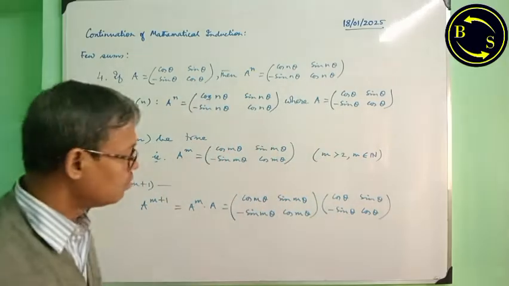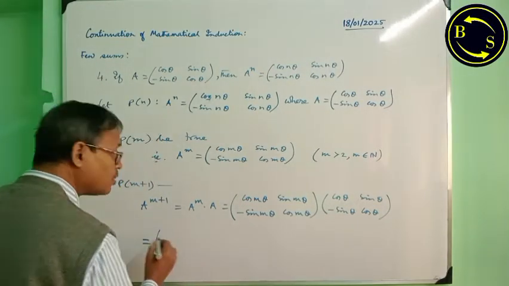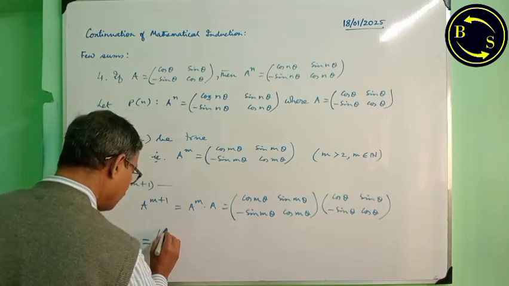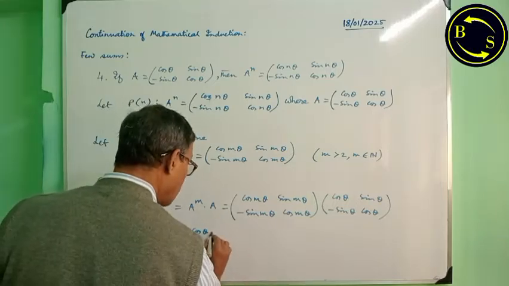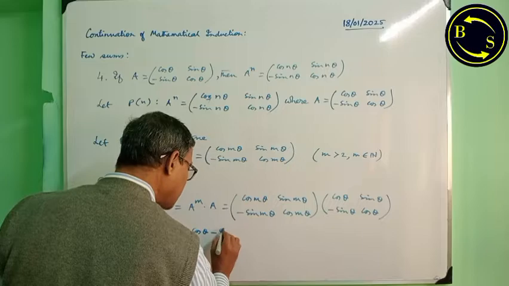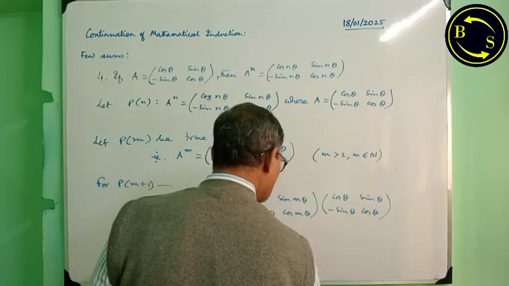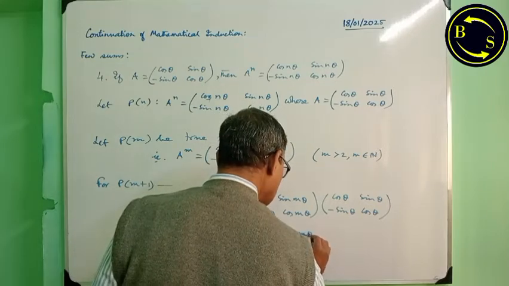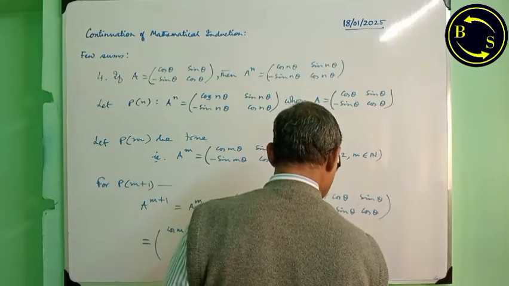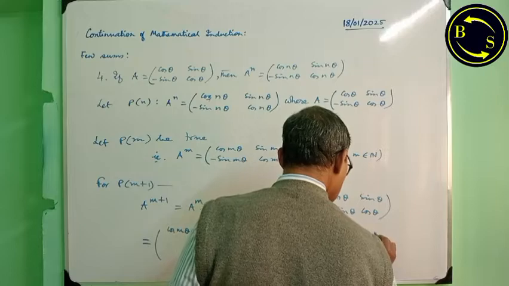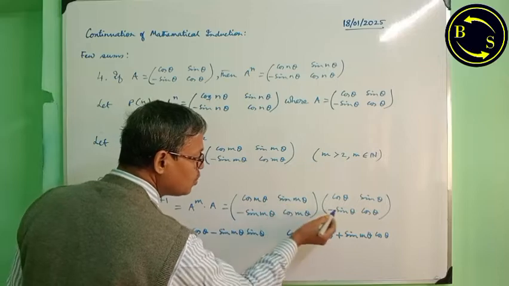Now we multiply and write the product: cos m theta cos theta minus sin m theta sin theta. This into this plus this into this.